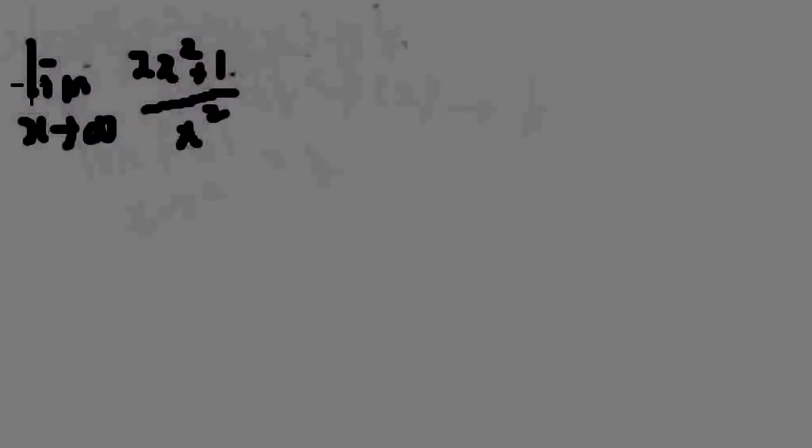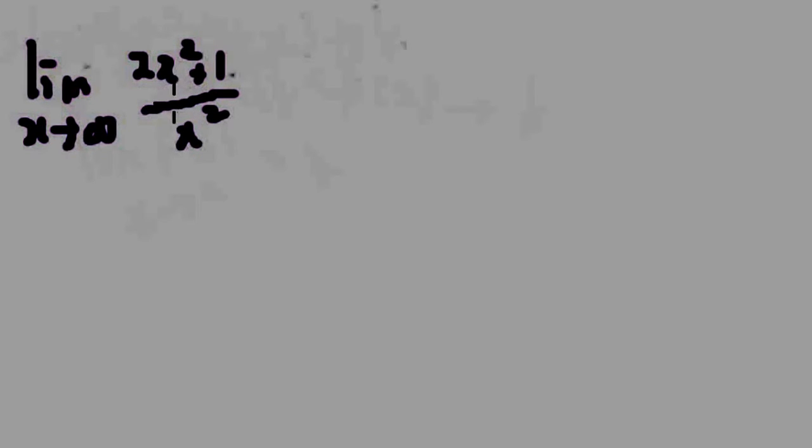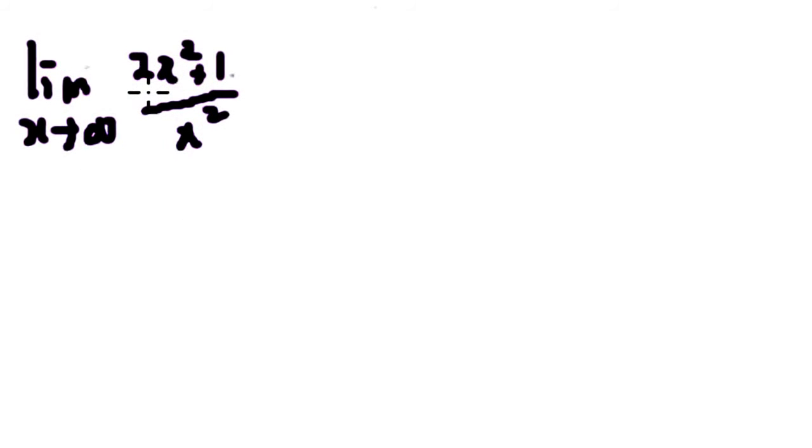Find the limit of this function when x is approaching infinity. In this question, the function given is called an improper fraction. So to determine the limit, we have to first express it in the form of proper fractions.